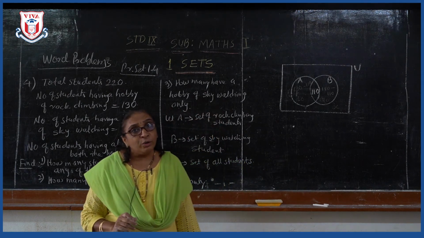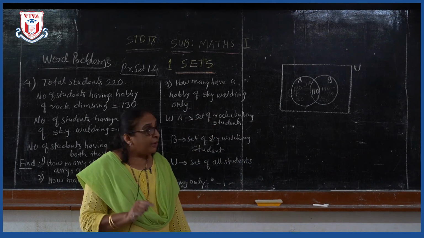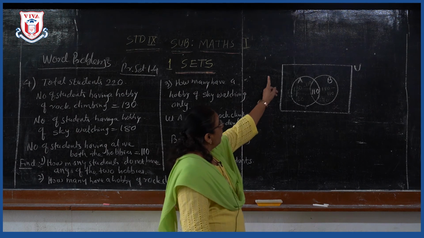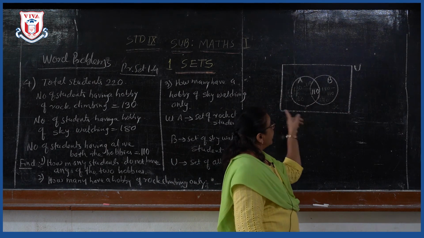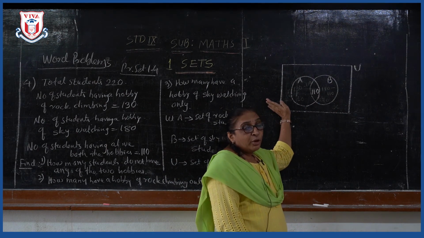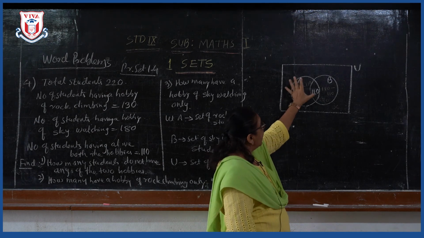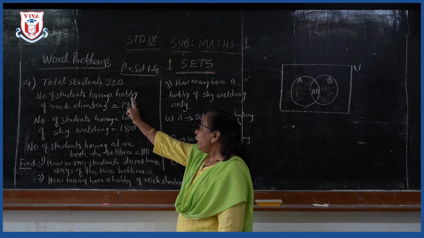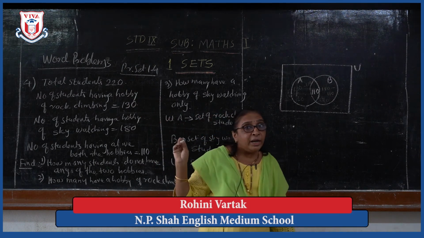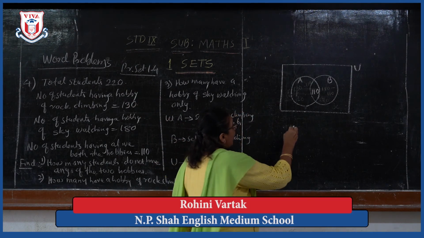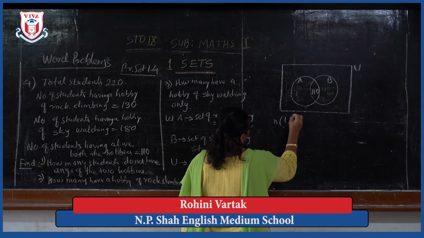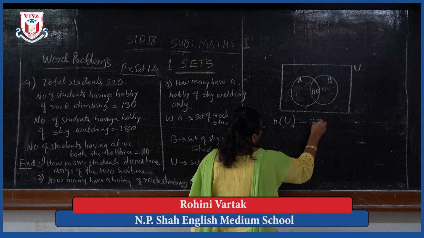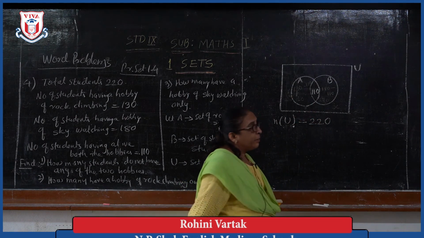So if we want to draw the Venn diagram, then first of all you can draw a rectangular shape for the universal set, and that universal set consists of how many students? 220. So n of U is equal to 220.